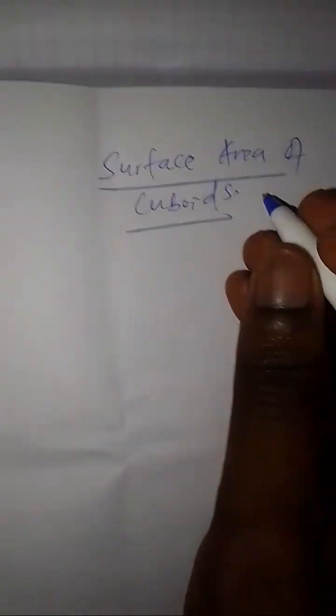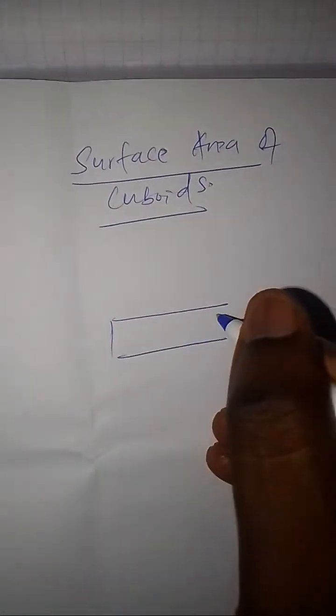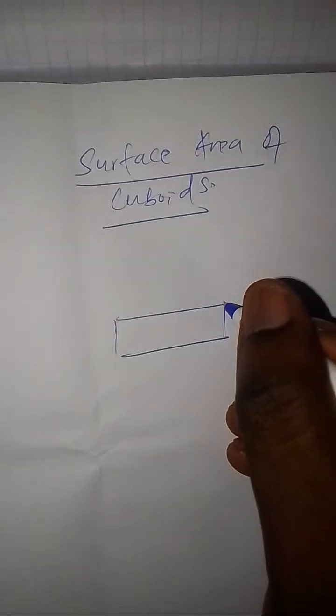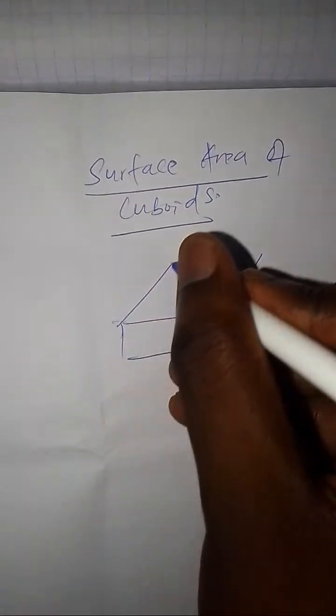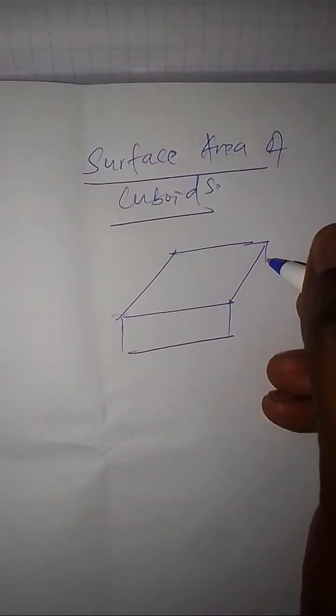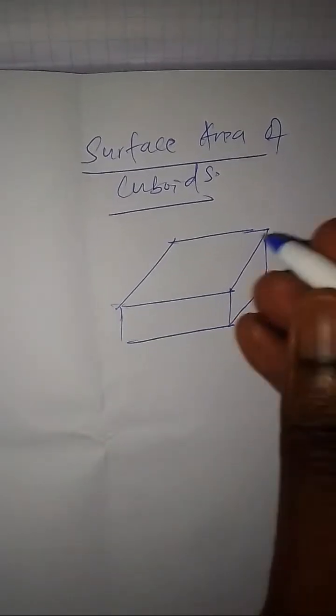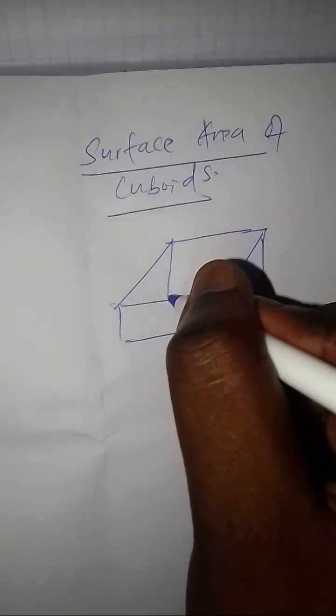I want us to draw a diagram here. So this is the diagram that I'm drawing for a cuboid. This is how our cuboid looks like.